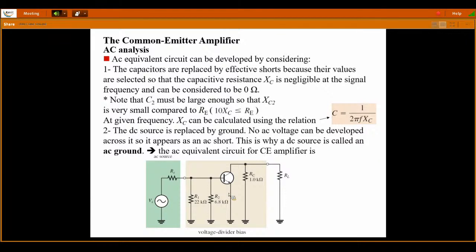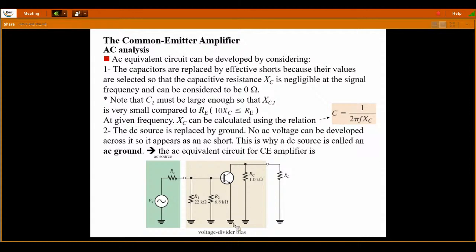Then the AC analysis of the common emitter amplifier is performed by connecting your DC source to ground, and all the coupling capacitors must be shorted. Since your bypass capacitor is shorted, we are just having a parallel combination of your emitter resistance with the reactance offered by the capacitor, which is 0. So your emitter terminal is grounded here.